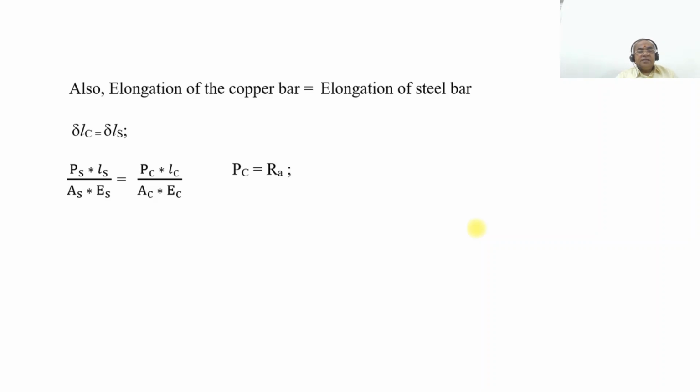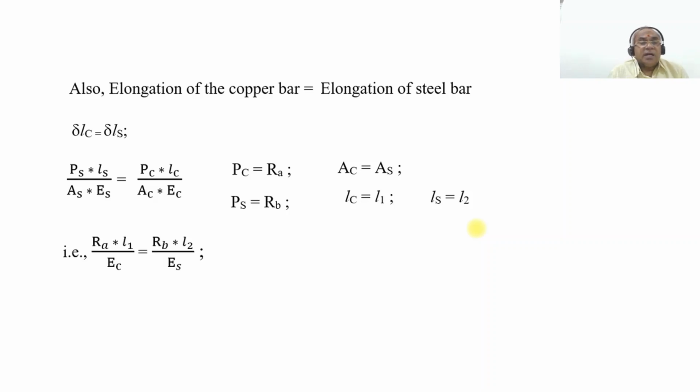What we know is PC is equal to RA and PS will be equal to RB, and AC is equal to AS. LC is equal to L1, and LS is equal to L2. So naturally, substitute all these things in this equation.